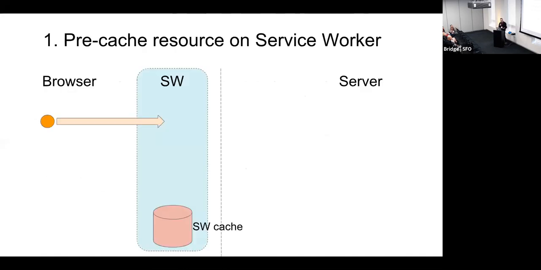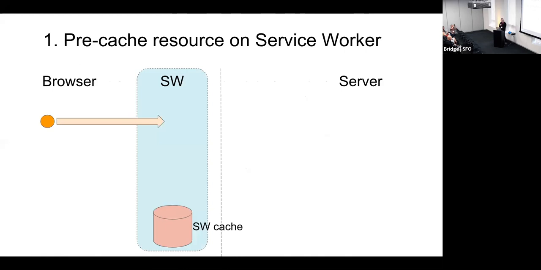So here are four typical things you would do with a service worker. And this actually, yeah, this is the wrong slide. Sorry. So don't take any notice of where it says pre-cache resource on service worker, but this is just showing where the service worker fits into the architecture.